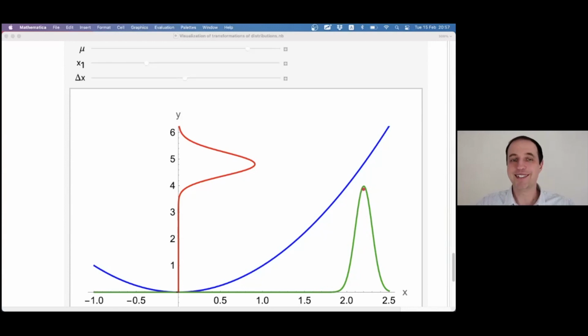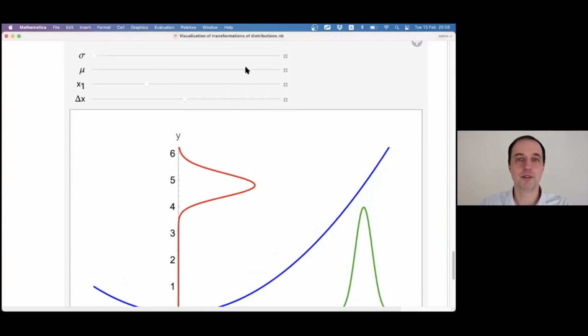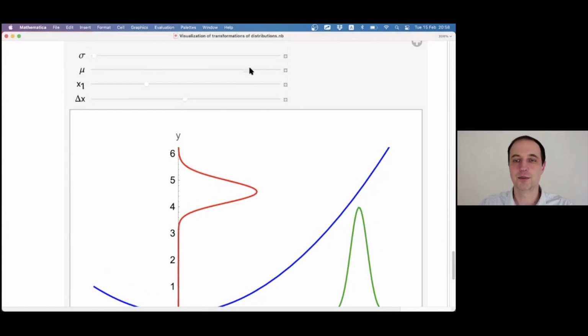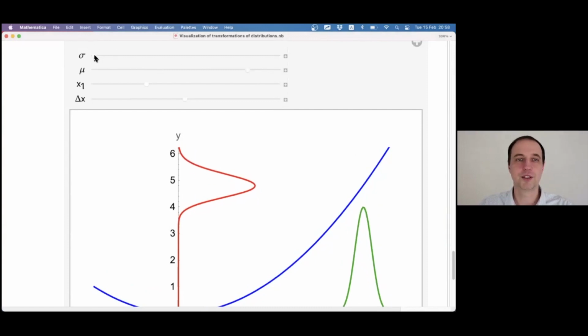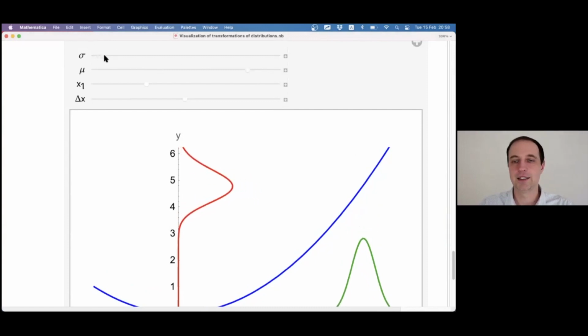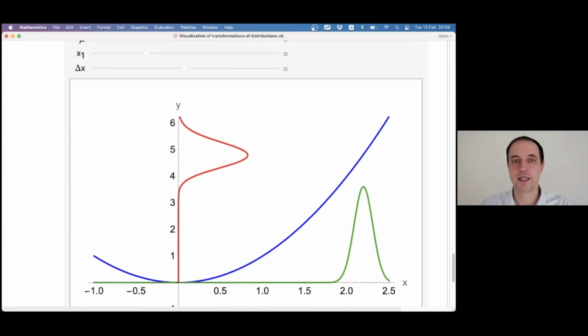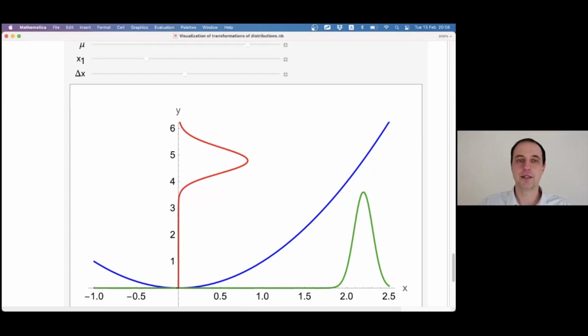Specifically in this visualization, this is a normal distribution. We can change the mean of that particular normal distribution. So we can shift it around, we can change the standard deviation, and so on.